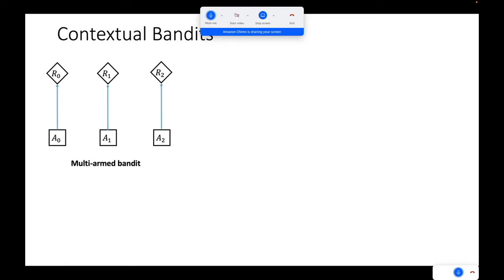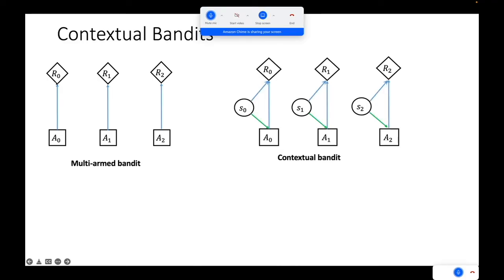Now, what we have seen, the MDP for multi-arm bandit has the simplest structure where we have only action and rewards. What we have introduced in contextual bandit is that there are states. The action depends on the states, and the reward depends on both action and states. Okay?